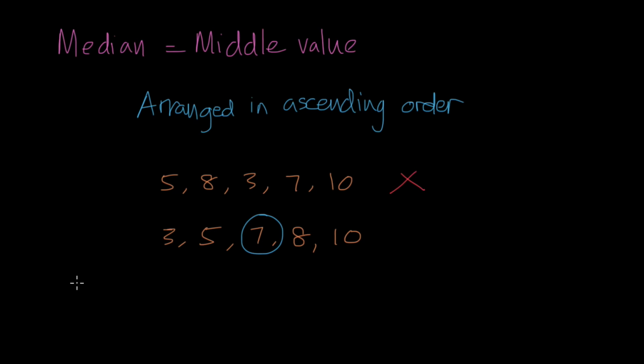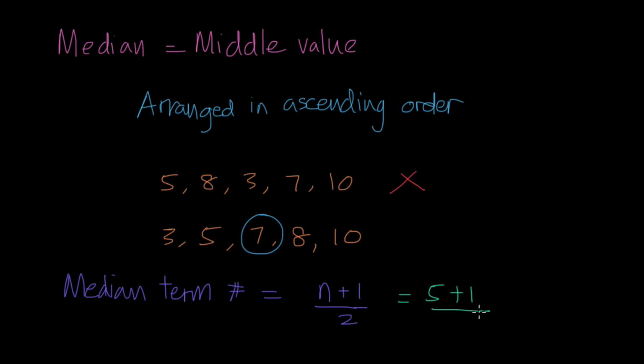The median term number is n plus 1 over 2. So n is the number of terms in the sequence. Here there's 5, so it would be 5 plus 1 over 2, which is 6 over 2, which is 3. So this means that the third term is the median, and here first, second, third term, 7 is the median.